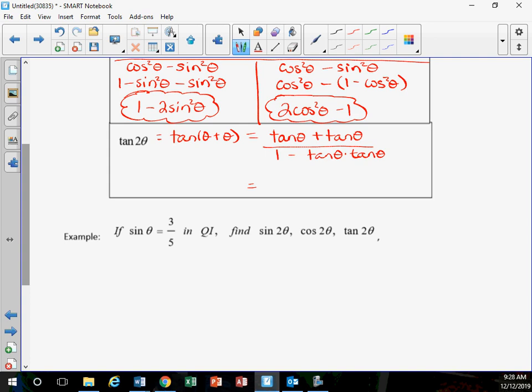Okay, what does that simplify to? What's the numerator? I have 2 tangent thetas, right? Okay, so 2 tangent theta over 1 minus what? What's tangent times tangent? Yeah, tangent squared theta. The tangent formula is always the ugliest. Just is.